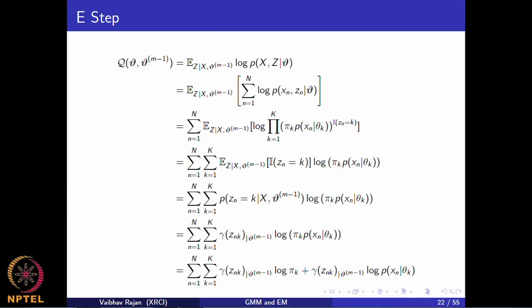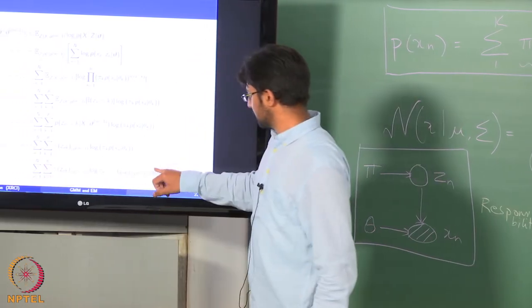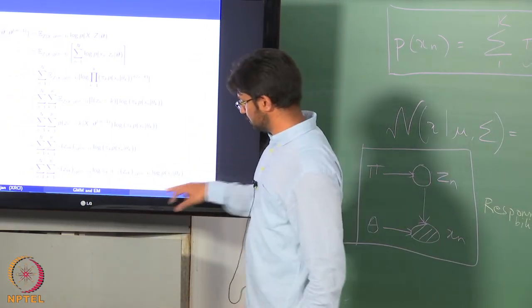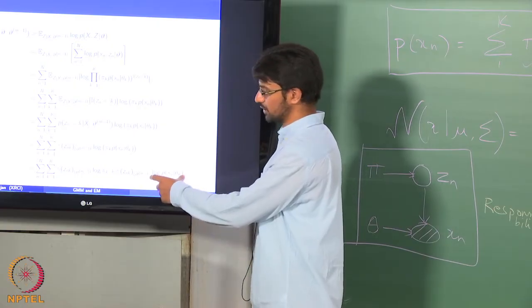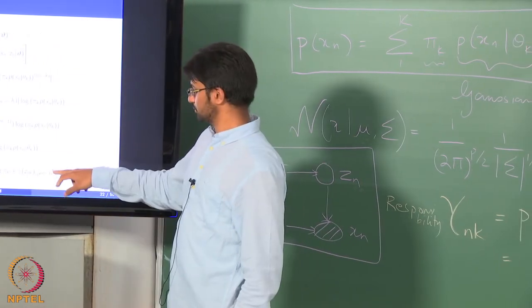So, what have we achieved? We have got an expression for Q in terms of again the responsibility, but this time the responsibility is with respect to the guessed parameter, and if you just look at this function, you can see that this is easier to differentiate because the summations are all outside and the normal distribution will come here, and the differentiation will be just like what you do in the case of fitting a single Gaussian, right.